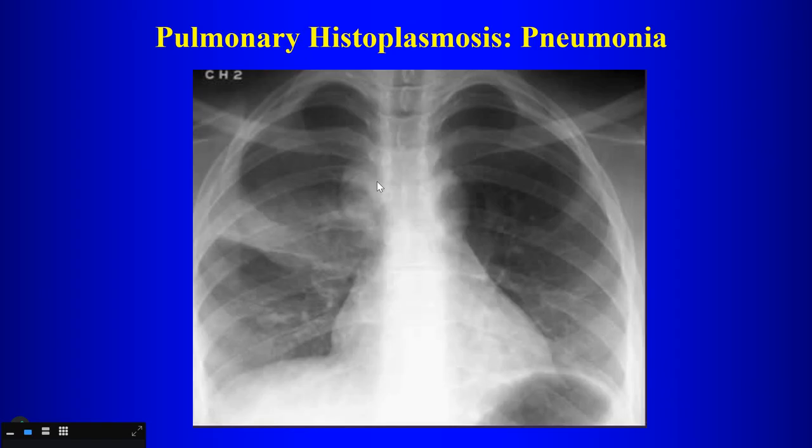Consolidation here in the right upper lobe, right paratracheal lymphadenopathy. So the differential for this X-ray would be what? Lady Windermere doesn't give you adenopathy and right upper lobe consolidation, right? What's your differential for this chest X-ray?